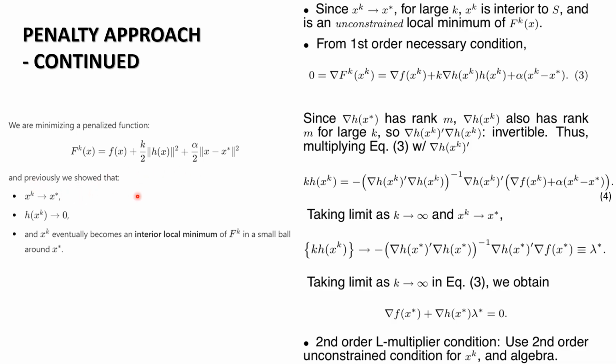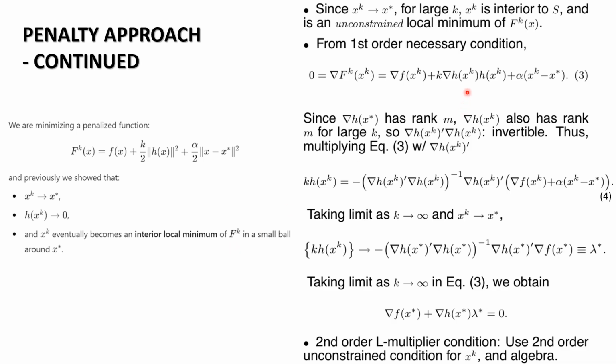And previously we showed that x_k tends to x star, h of x_k tends to 0, and x_k eventually becomes an interior local minimum of f_k in a small ball around x star.